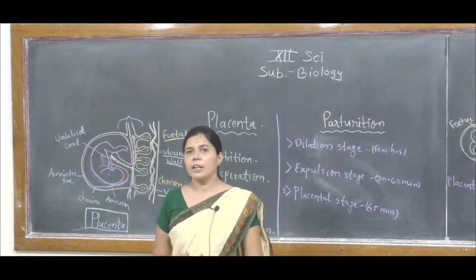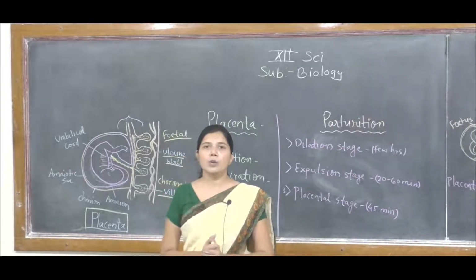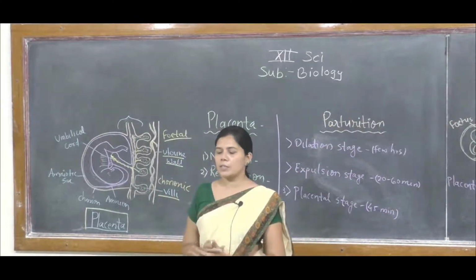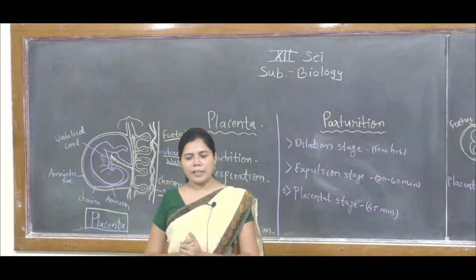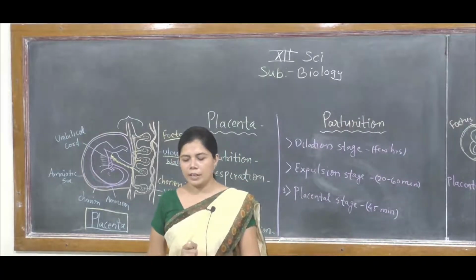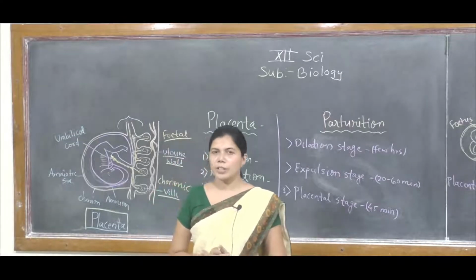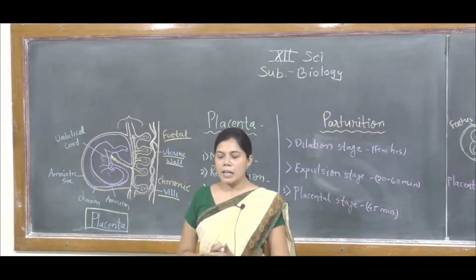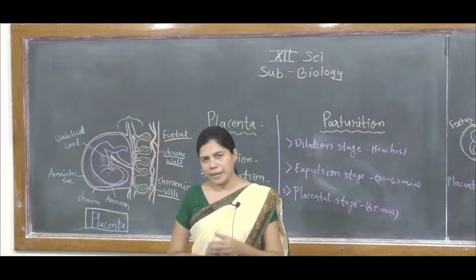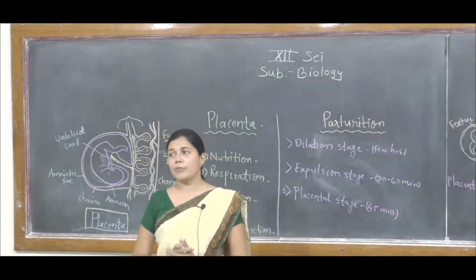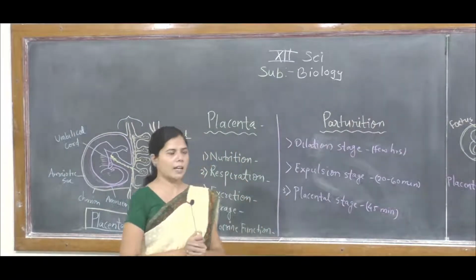So the placenta is known as an endocrine gland, which secretes hormones like HCG, progesterone, estrogen and relaxin, and maintains the pregnancy.